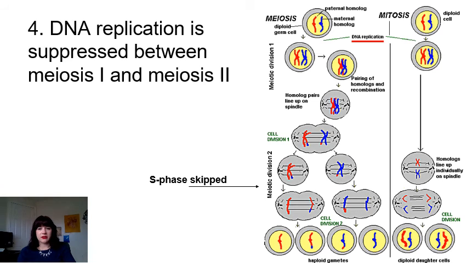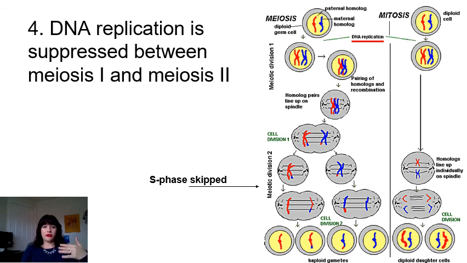The fourth point, which I've mentioned throughout this lecture, is that DNA replication does not occur between meiosis 1 and meiosis 2. Normally, anytime a cell undergoes mitosis, it will always duplicate its DNA, resulting in two daughter cells that are diploid, starting out with a diploid cell and ending with two diploid cells.